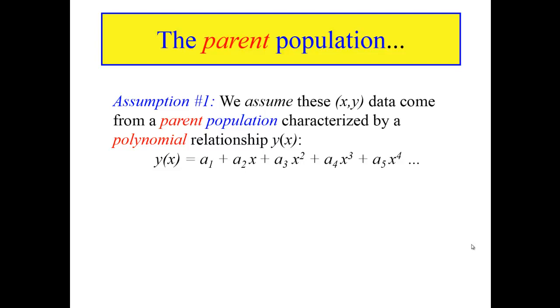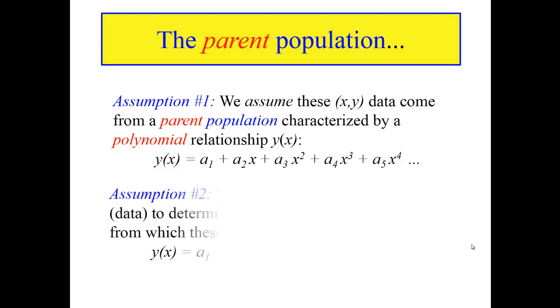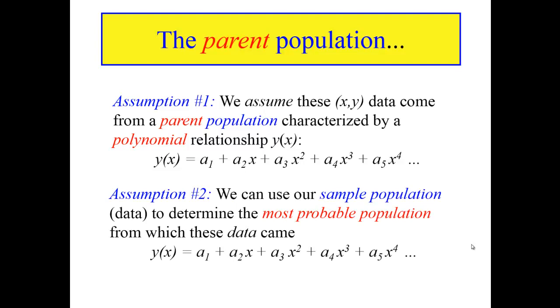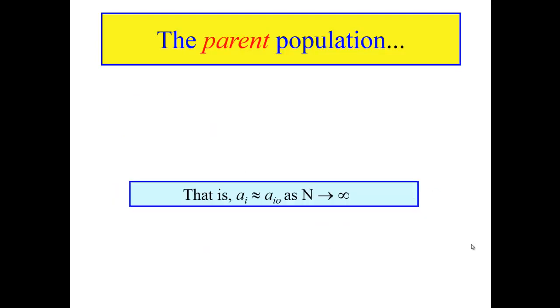We assume that the specific data points that we are able to measure come from an infinite parent population that's characterized, in this case, by a polynomial relationship. We also assume that we can use the finite sample population that we've measured to determine the most probable population from which those data came.